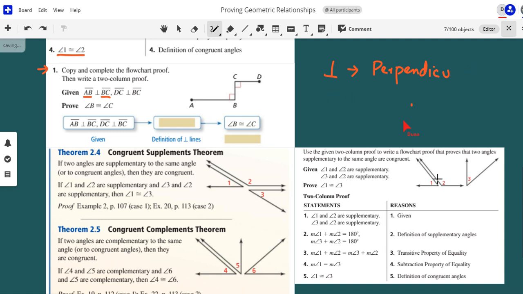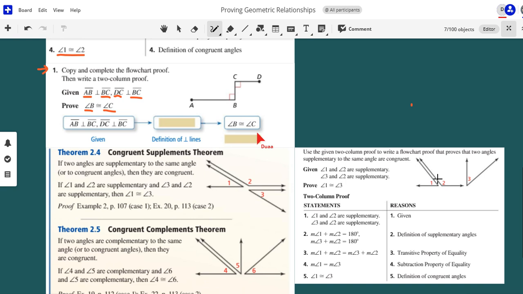Segment AB is perpendicular to the segment BC, and the segment DC is perpendicular to the segment BC, and we have to prove that the angle at B and the angle at C are both equal.